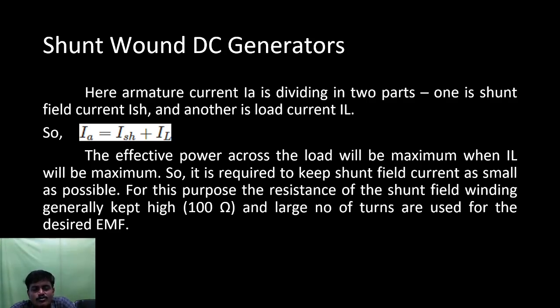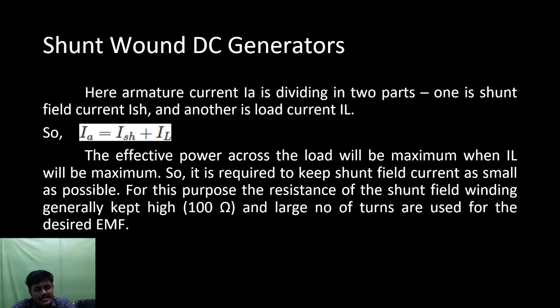So here the armature current is dividing into two parts. One is the shunt field current ISH that I already discussed, and the other is the load current IL. So IA is equal to ISH plus IL.